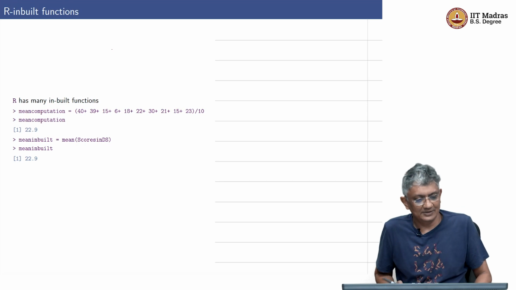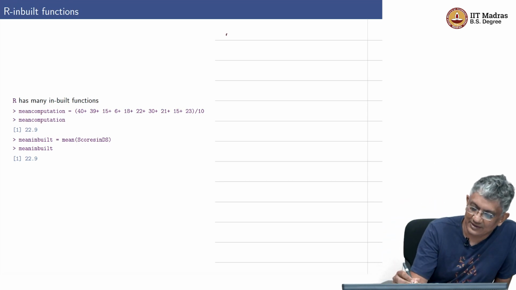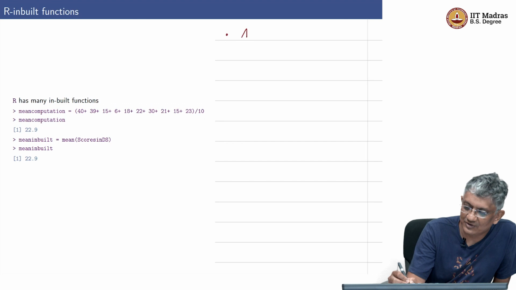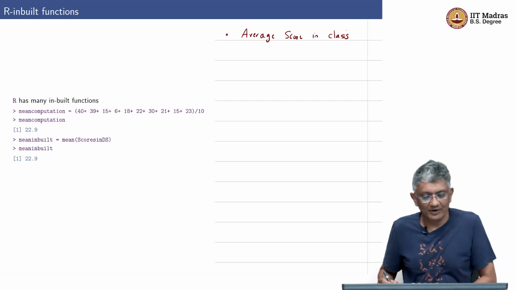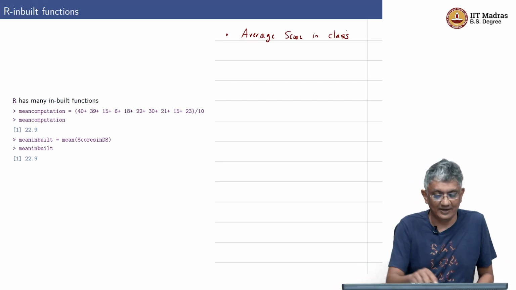Let's do a simple thing. Let's say I want to compute the average score in the class. One way to do it is to compute the mean myself, just adding 40 plus 39 like in the first line.